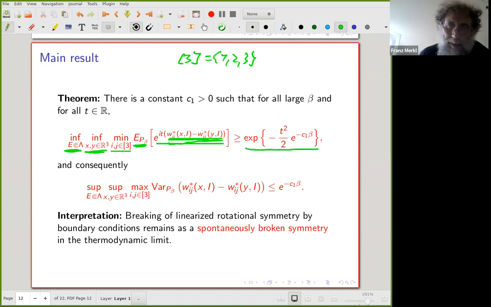So it's bounded by an exponential of minus t squared over 2 times e to the minus c1 beta, where c1 is a constant depending only on the input parameters of the model, but not on beta. And this holds for all sufficiently small temperature, or in other words, for all large beta.